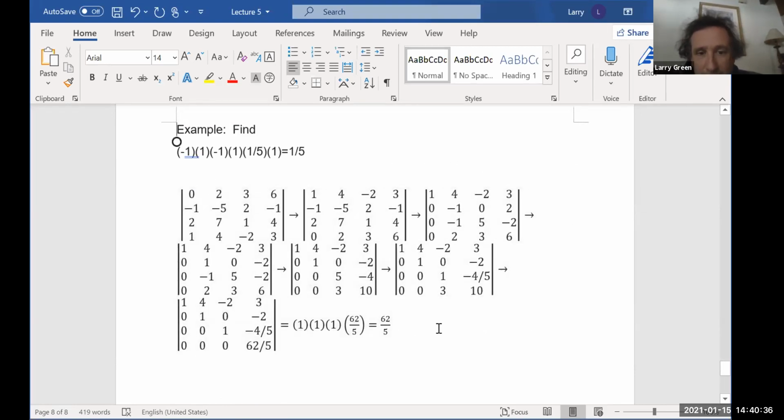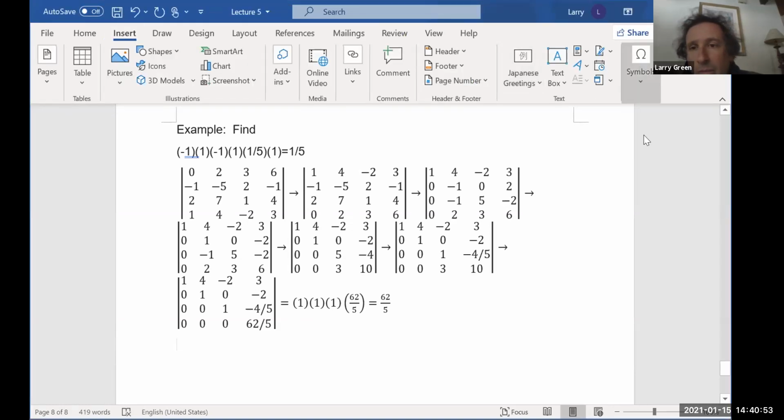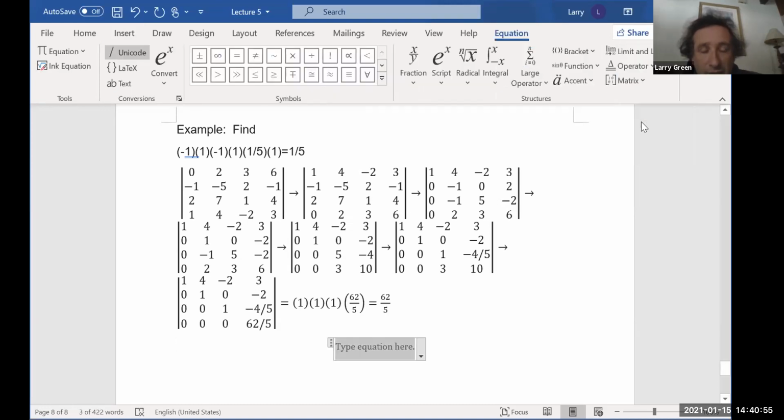So that means 1/5 times the determinant of our matrix, I'm just going to call it A, is equal to 62 over 5.